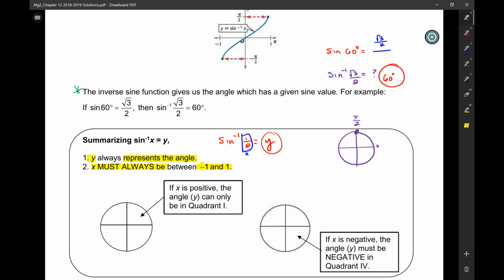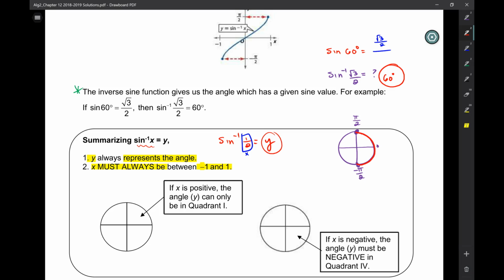If I go in the positive direction up, that's pi over 2. If I go in the negative direction down, what's that? Negative pi over 2. When I'm talking about inverse sine of x, it's only this region that I'm talking about.